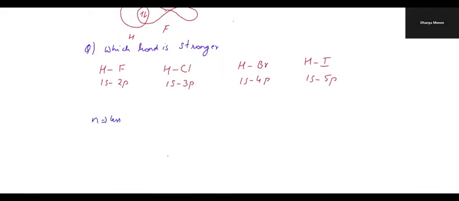That means the nucleus will hold that orbital or the electrons more closely. So that particular bond is stronger.